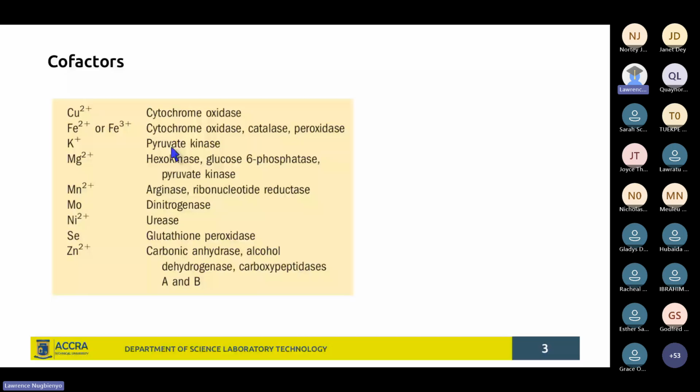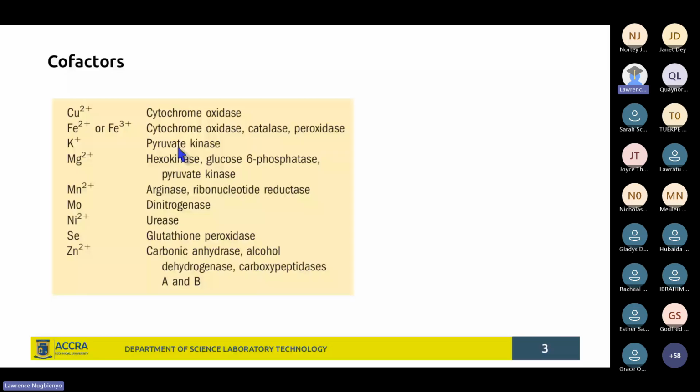If you did metabolism of, say, carbohydrates, you would have come across pyruvate kinase, which was responsible for the phosphorylation of, say, pyruvate, which is the end product of the process of glycolysis.